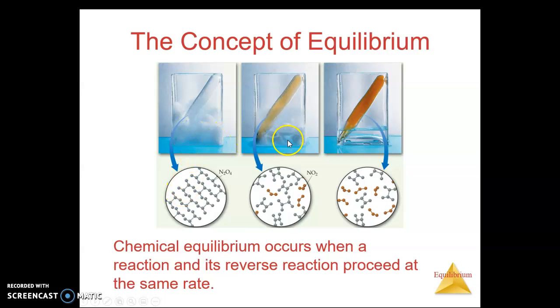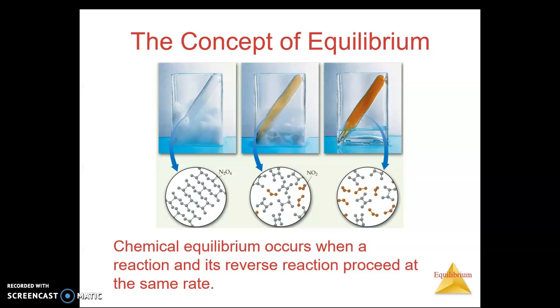As you warm it up, the reverse reaction goes to NO2, and you get some of these breaking up into NO2 molecules. And when you get much warmer water, you see not a whole lot of N2O4, quite a bit of NO2 in the mixture.